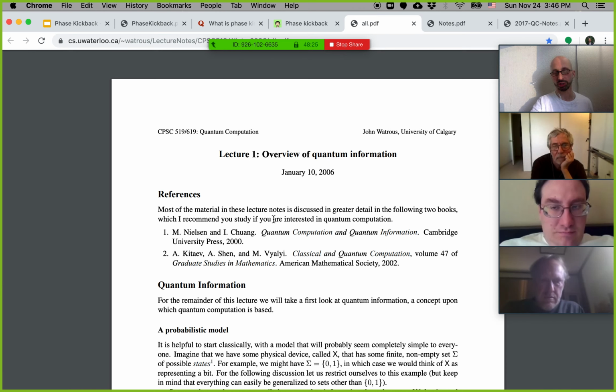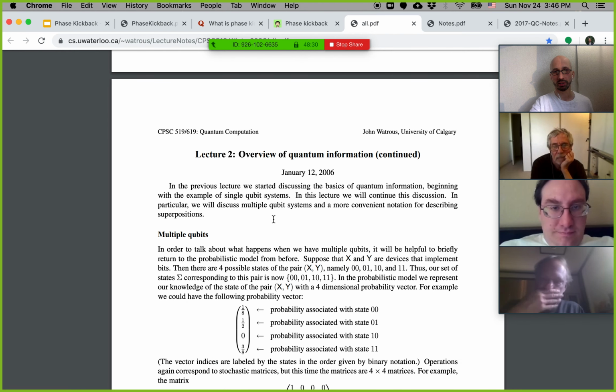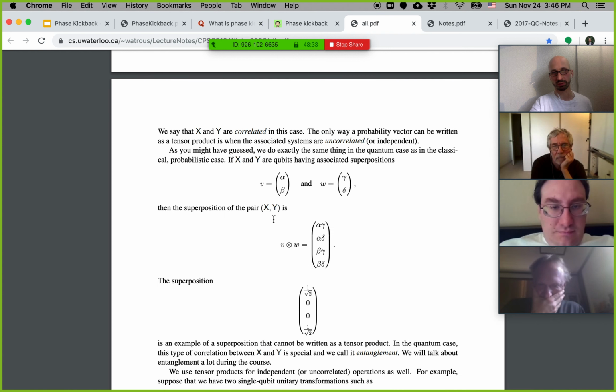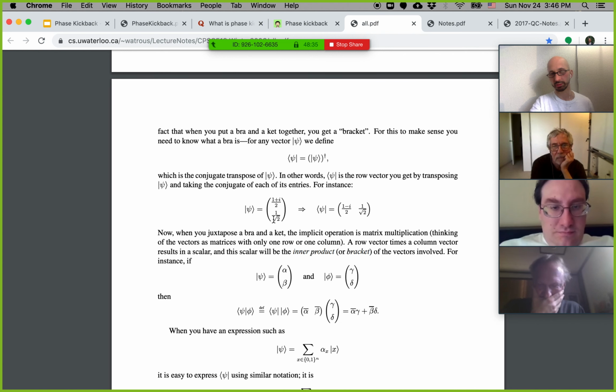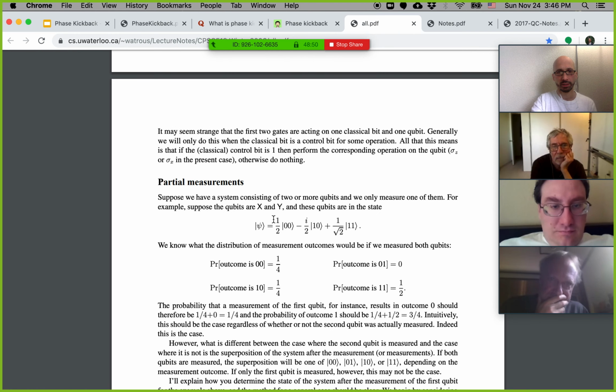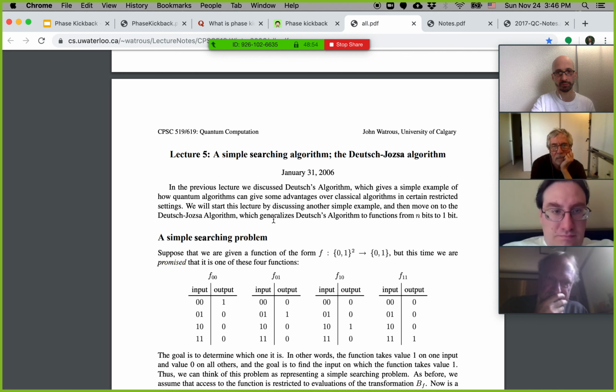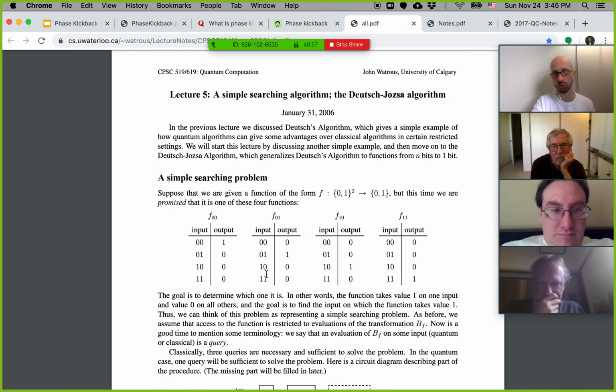He just has this overview in the first lecture, and then he starts talking about algorithms almost right away. And I think he actually explained things pretty clearly. I like those better than any other book. Lecture 5 talks about something called the simple search algorithm. And that's the example I used.